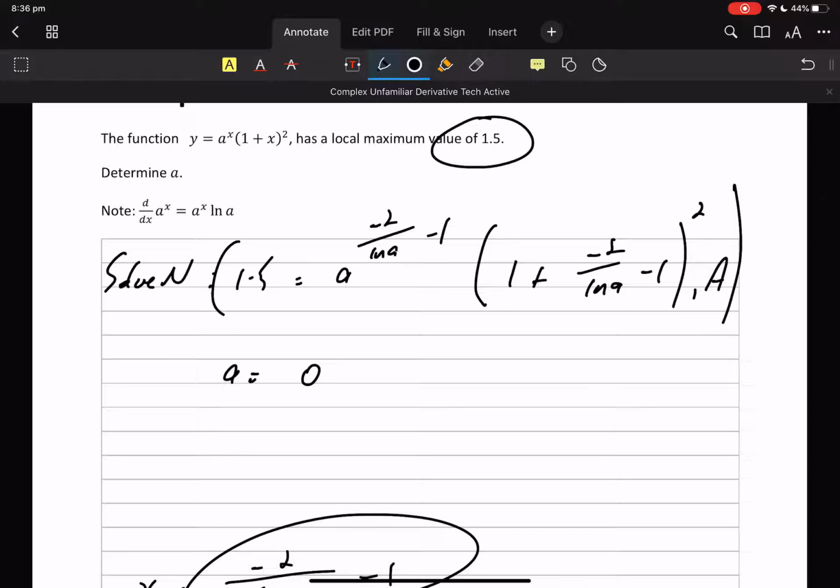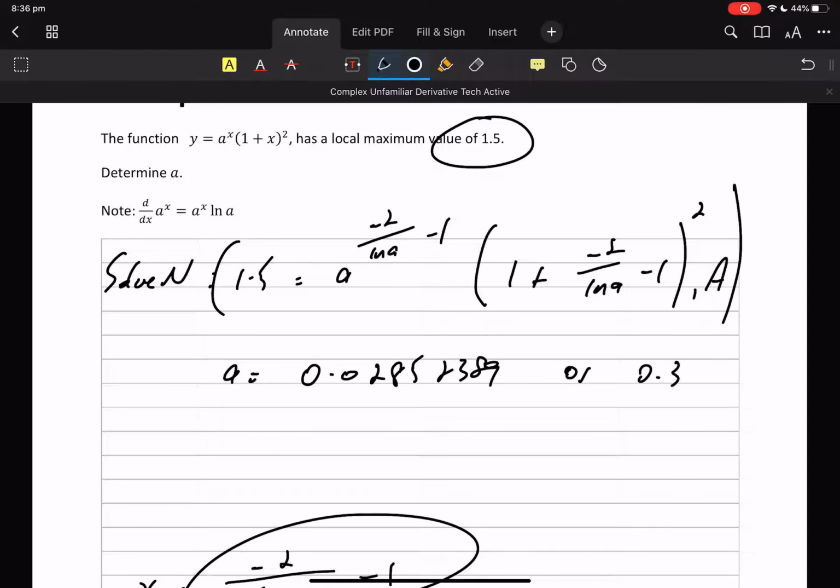0.4. Where is it? 0.028. Where's my calculator? 0.37485.